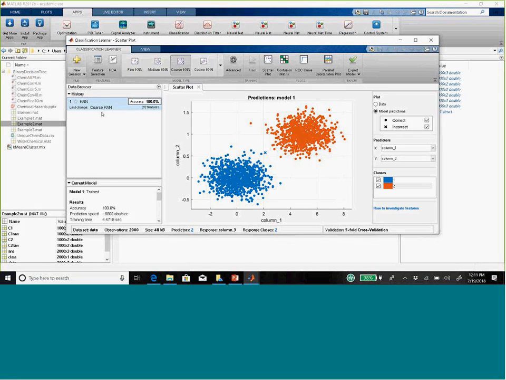But in k nearest neighbor, there were two parameters that you get to select: the number of neighbors that are going to be queried, and the distance that's going to be used to establish my 100 nearest neighbors in this particular case. Just quickly review.